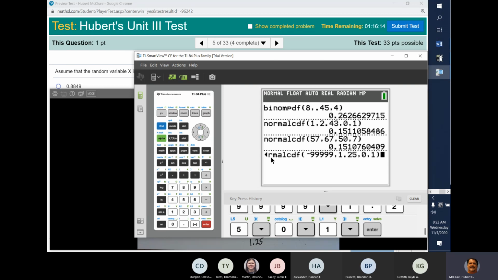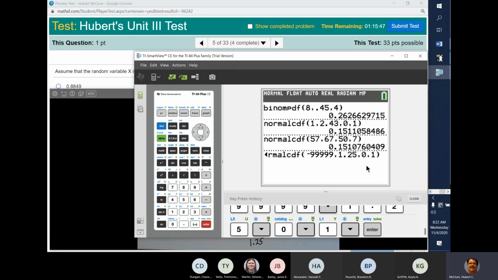When you type in normal CDF and it just gives you the parenthesis, then you type in negative 9999, negative 10,000, whatever you want to punch in, comma, 1.25, and then close parentheses.